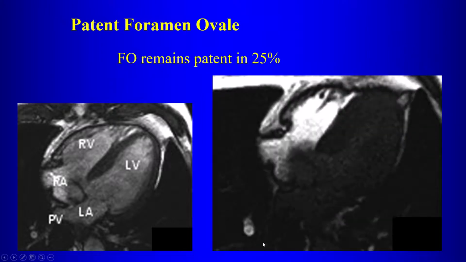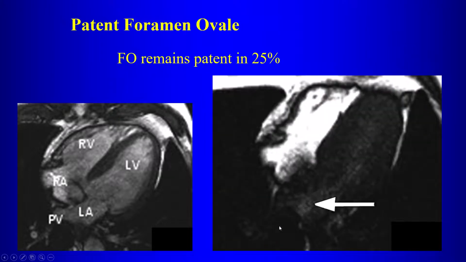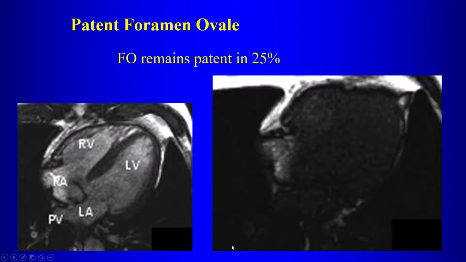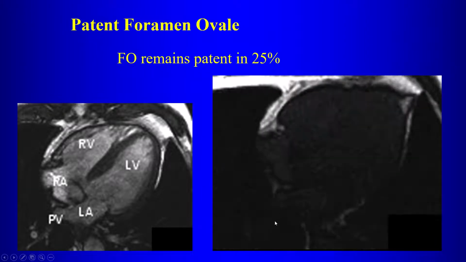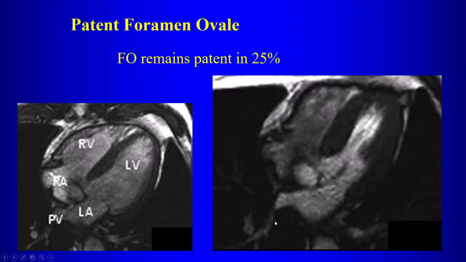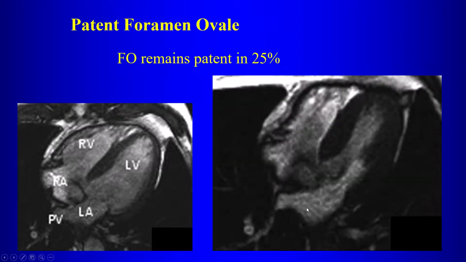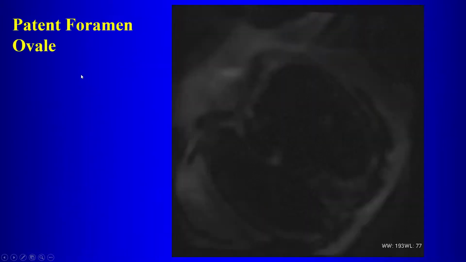You can see the arrow points to that little flash of contrast within the left atrium before the contrast actually appears within the pulmonary veins. So contrast should get to the left atrium through the pulmonary veins, but if you have a patent foramen ovale, then we will see this early appearance of contrast in the left atrium before it has actually arrived in the pulmonary veins.